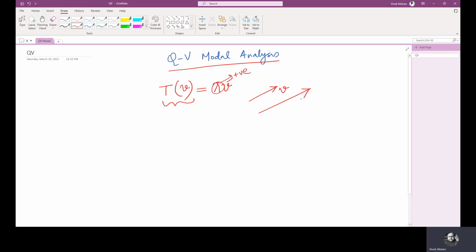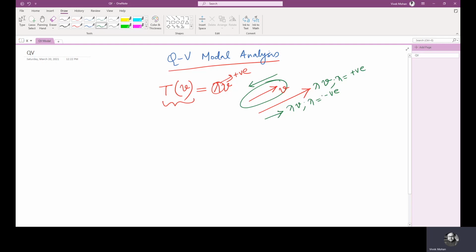Now if lambda is negative, the stretching happens in the opposite direction. This is the initial vector, and if the stretching happens in this direction, then the resultant vector will be small. So this is lambda V when lambda is positive, and this is lambda V when lambda is negative.